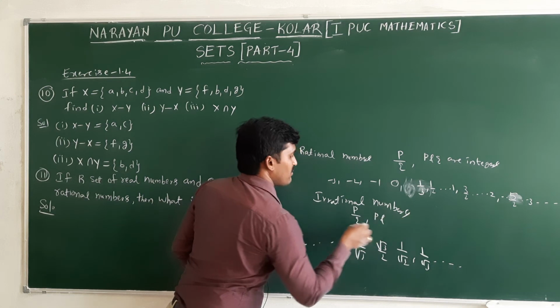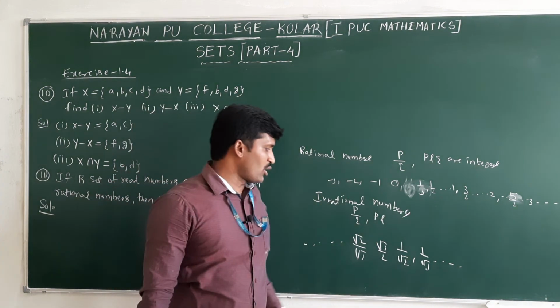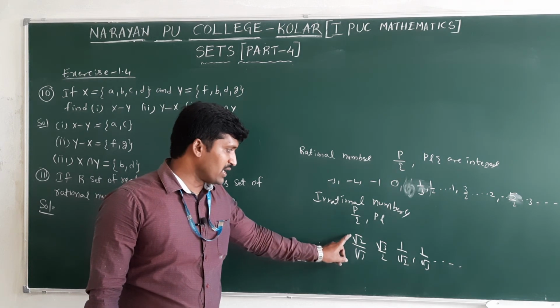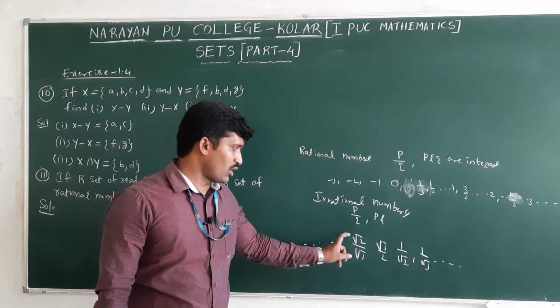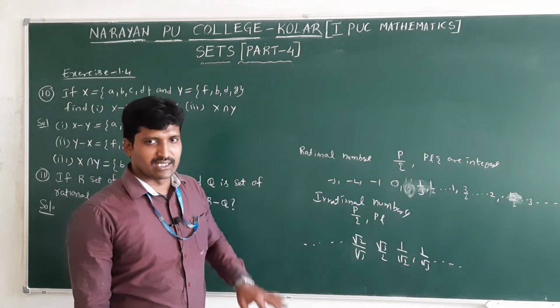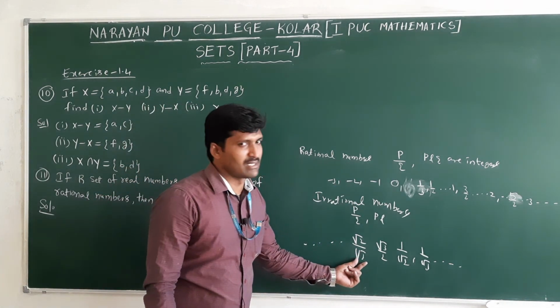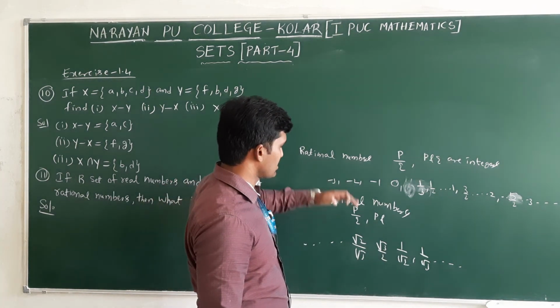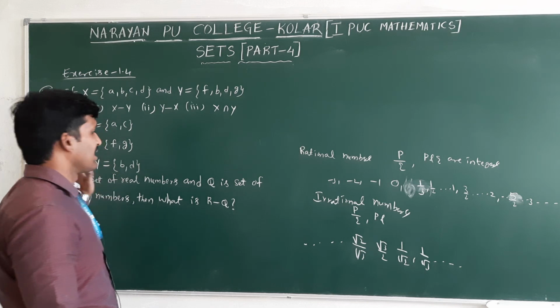P and Q are not integers here; non-integral square root terms exist, like root 2, root 3, root 5, 1 by root 12. If you simplify this value you will get decimals. The combination of rational and irrational we call real numbers.